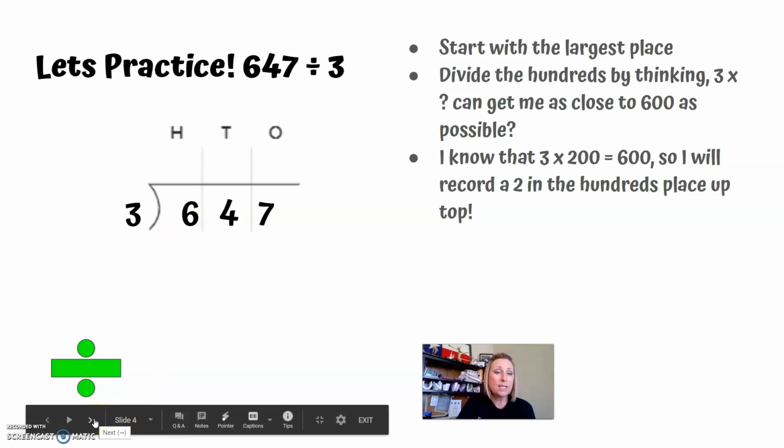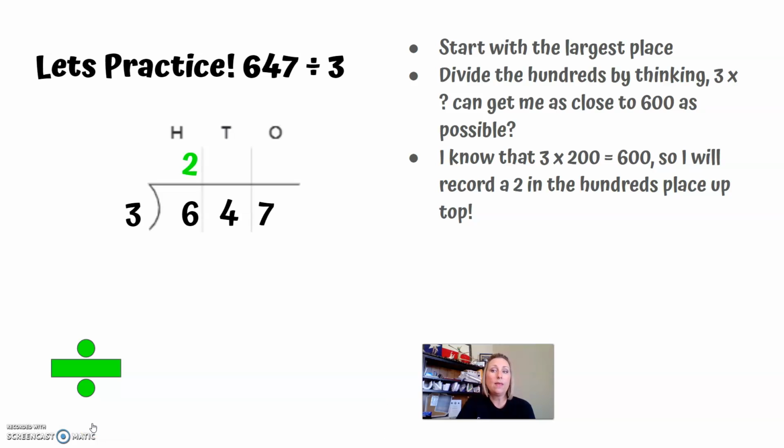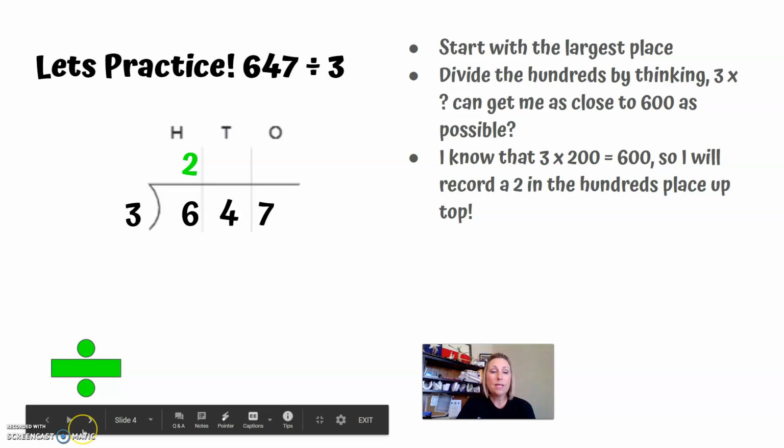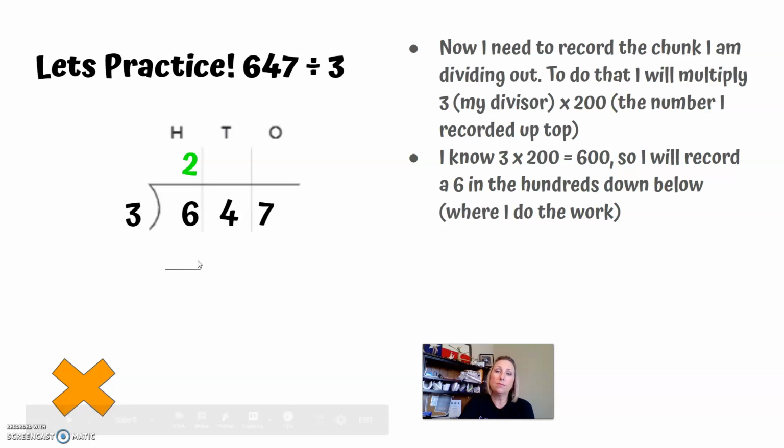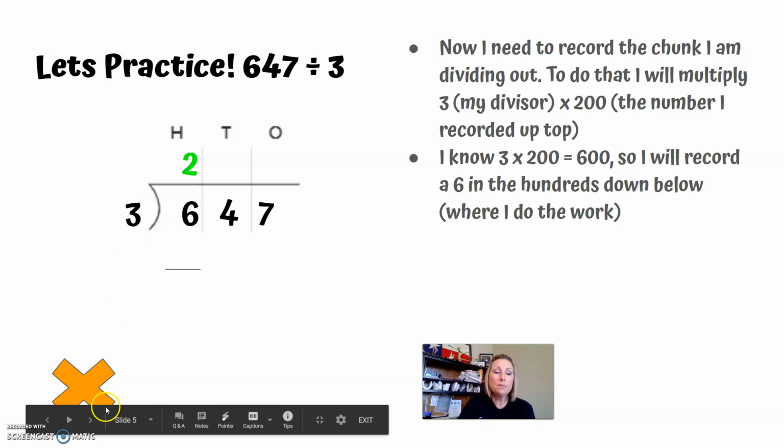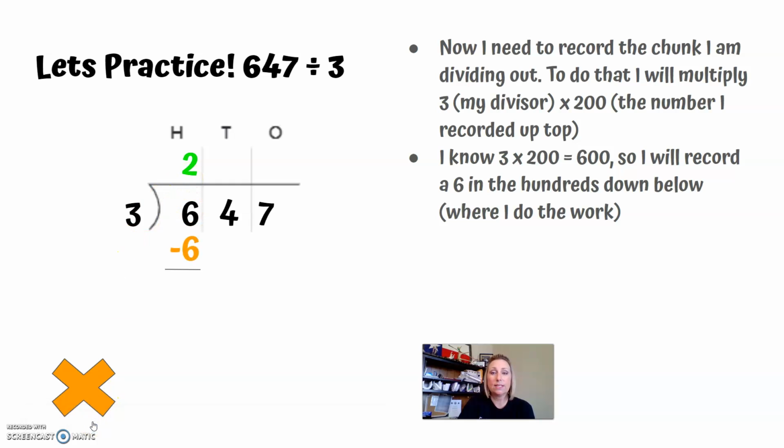I know that 3 times 200 is 600, so I record the 2 in the hundreds place on top. Then I record the chunk that I'm dividing out, and to do that, I multiply 3, my divisor, by my 200. So 2 times 3 is 600.